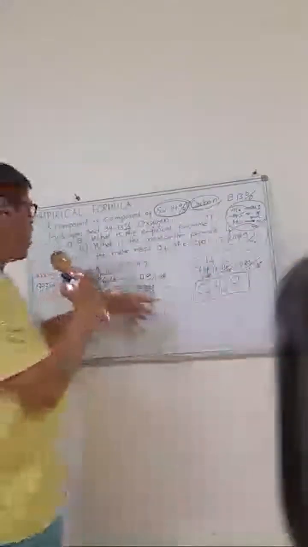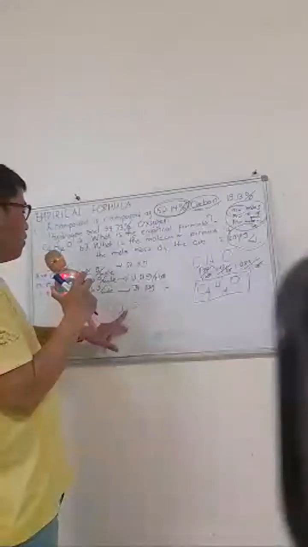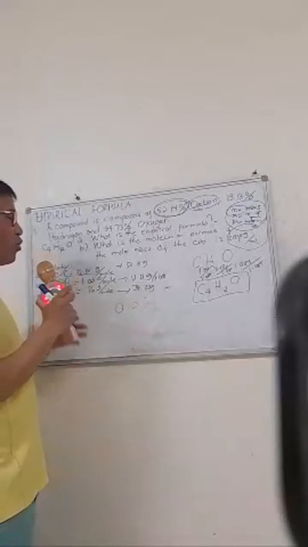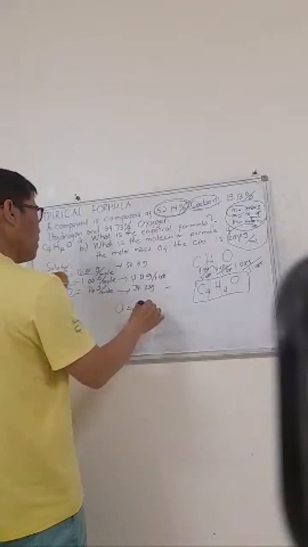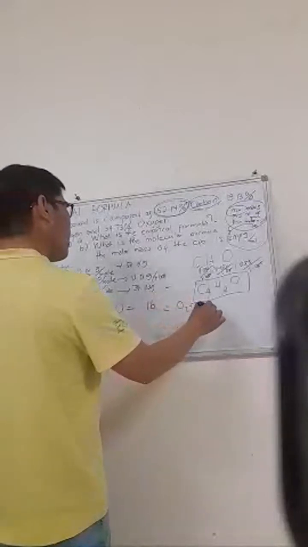Now, in empirical formula, you don't have to consider the diatomic rule, let's say O2, F2, Cl2. You will just always use the monoatomic. So we'll use oxygen, whose atomic mass is 16. If this were O2, this is 2 times 16, right? 32.